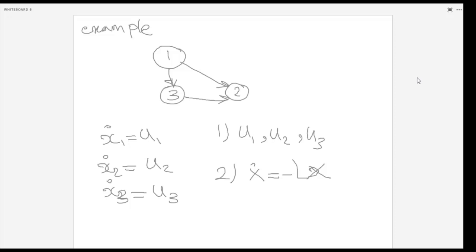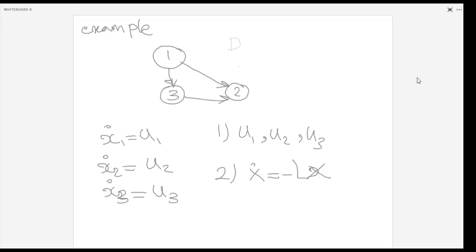Did you solve the problem? In the first step, we should define u1. I should write it here.